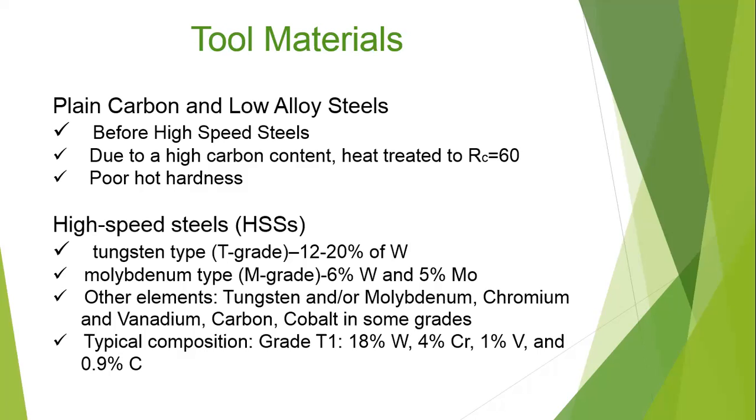Other elements include chromium, vanadium, carbon, cobalt, and some other grades. Typical composition of high speed steel: tungsten 18%, chromium 4%, vanadium 1%, and also 0.9% carbon.